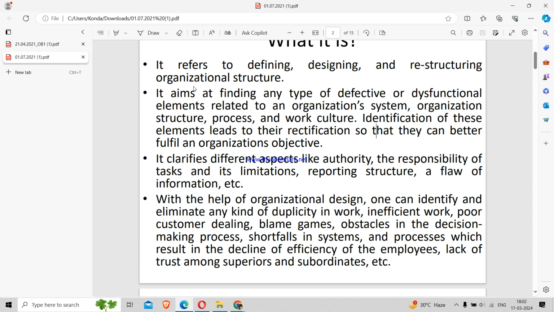Based on that, if the productivity is not efficient as per the aim, you can find out the flaw and rectify that part, so that the organization behaves in the specific manner you want it to behave. Okay, so this is the very basics of the organization structure.